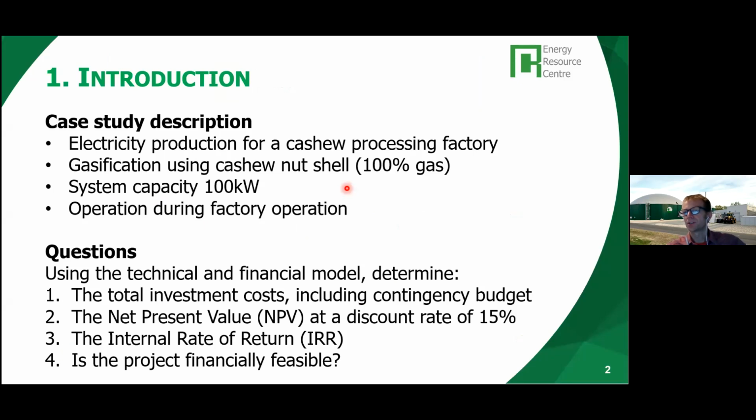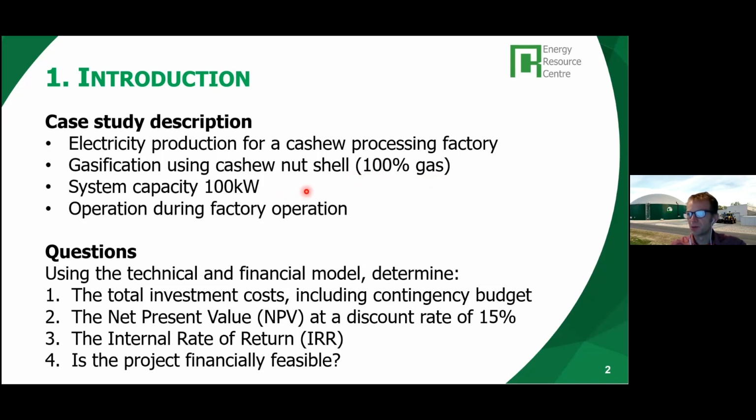What we had was a case study for electricity production at a cashew processing factory. We had been looking at the technical aspects, and we had concluded that one of the potential options would be to use biomass gasification using the cashew nutshell produced in the factory for production of electricity using a gas engine.